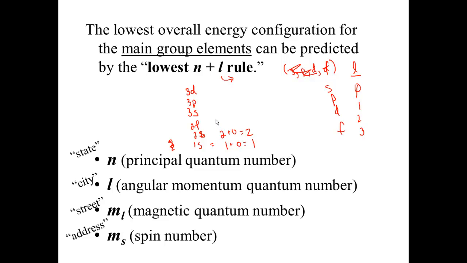So of course 2p, again the n is 2, and the p corresponds to l equals 1. The 3s, n equals 3, and if it's s-type, that corresponds to an l value of 0.